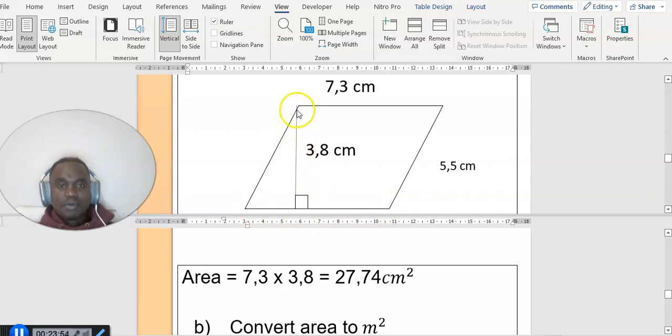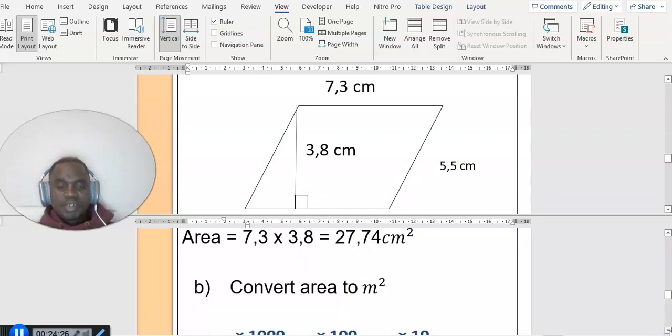The height must always be perpendicular to the base because we have this sign which indicates that it's 90 degrees. So it's going to be the base, 7,3, times the height, which is 3,8. And when you press this on the calculator, you are going to get 27,74 centimeters square.